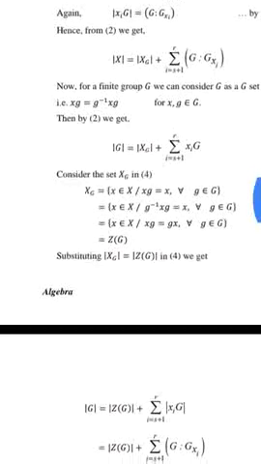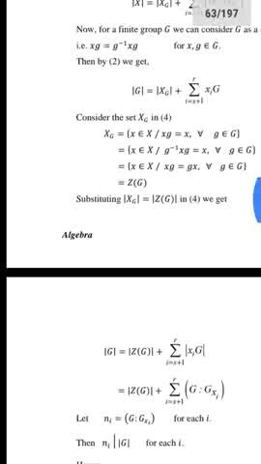Now for a finite group G, we can consider G as a G-set under conjugation: g.x is equal to g inverse x g, for x belonging to G. Thus we get the cardinality of G is equal to the cardinality of XG plus the summation of the orbit cardinalities for i equal to s plus 1 to r.